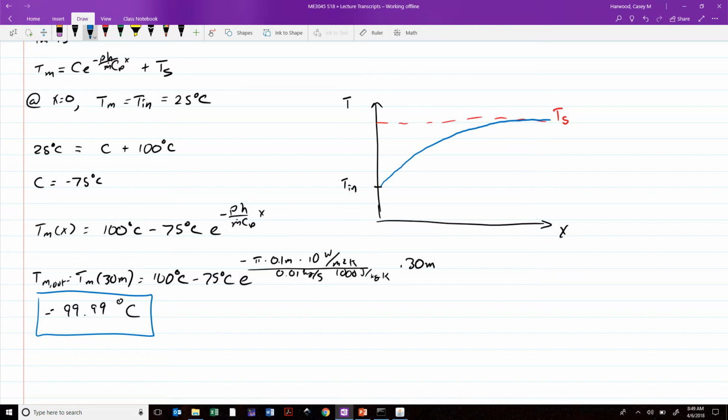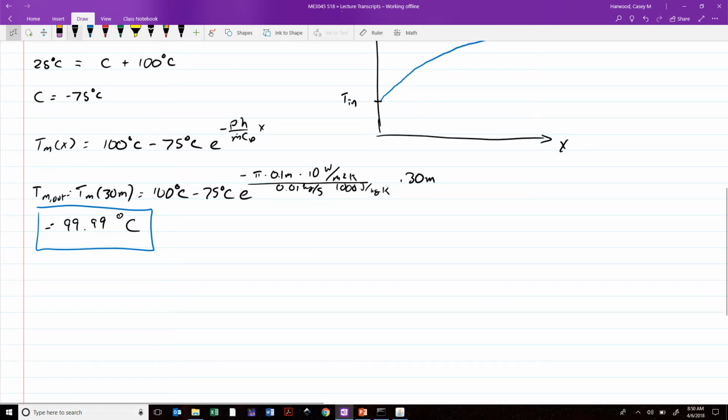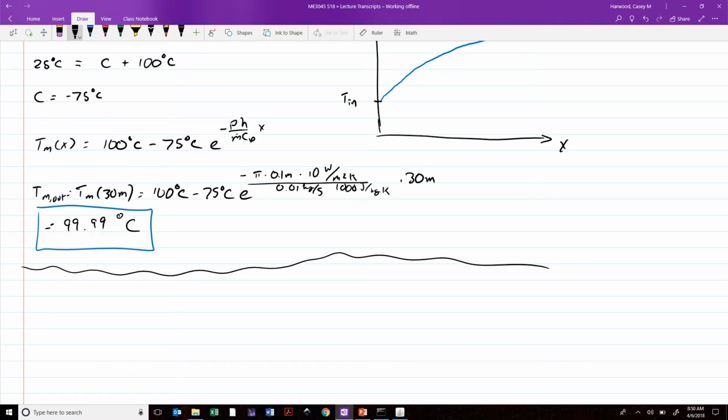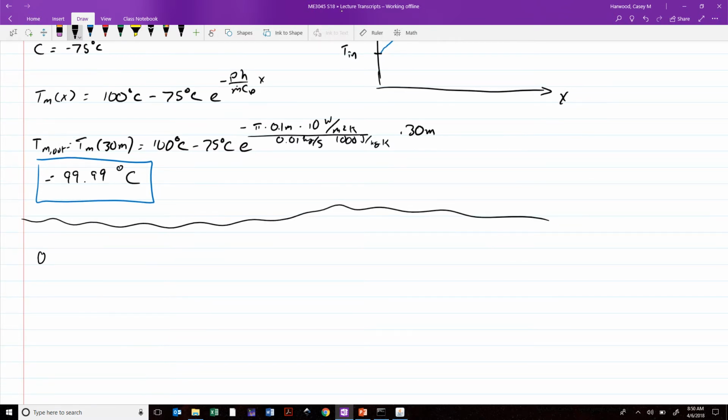All right. So with this problem and with the one we did at the end of last lecture, where we had the constant q double prime, there was a theme that made things a lot easier, and that was we were given h. So in internal convection, as in external convection, this is great.